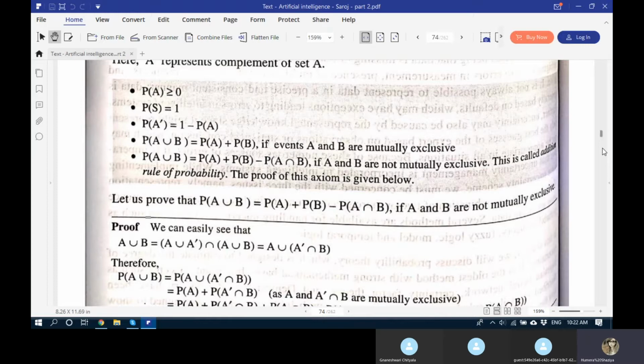Probability of A dash is equal to 1 minus probability of A. These are some axioms. Probability of A union B equals probability of A plus probability of B if events A and B are mutually exclusive. If events are not mutually exclusive, then it is equal to probability of A plus P of B minus P of A and B.